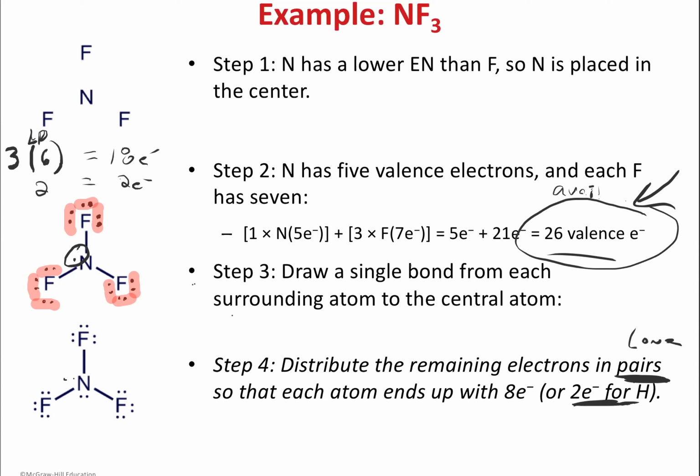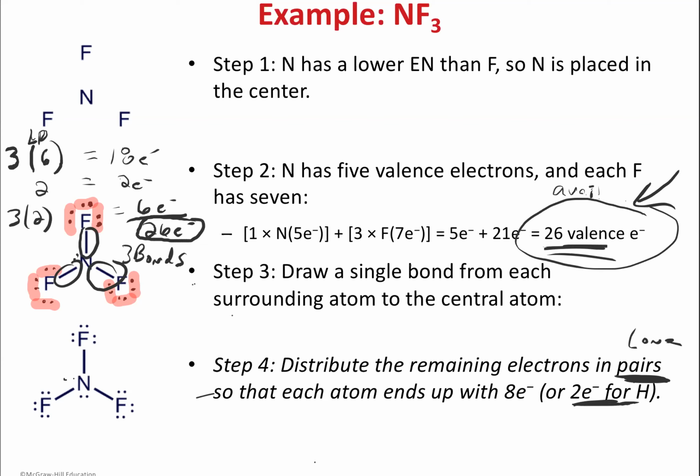Well, didn't we build 1, 2, 3 bonds? Each bond has 2 electrons. So we built 3 bonds, each one using 2, which gets to 6. So if I add all those electrons up, I've used 26, and I had 26 available.